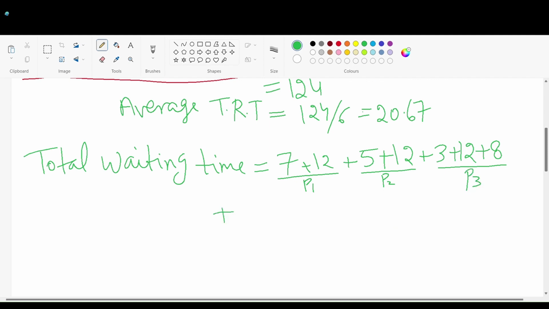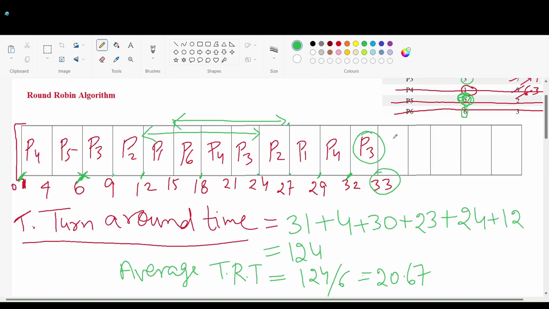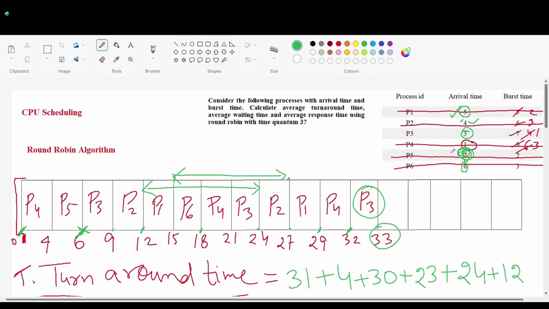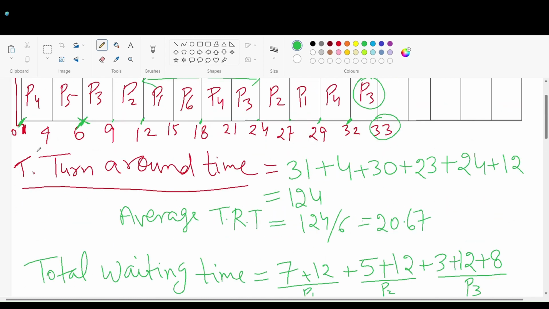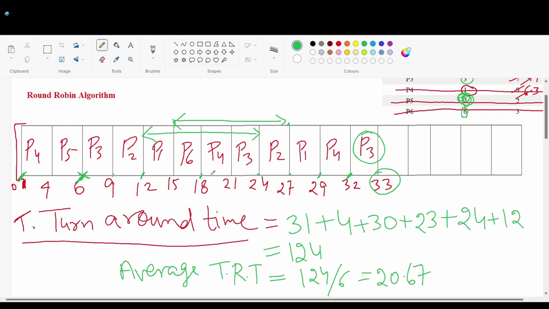Now plus P4. P4 enters the system at 1 and P4 starts the execution at 1. So there is no waiting time here. So for P4, the first waiting time is 0 and another waiting time here from 4 to 18.